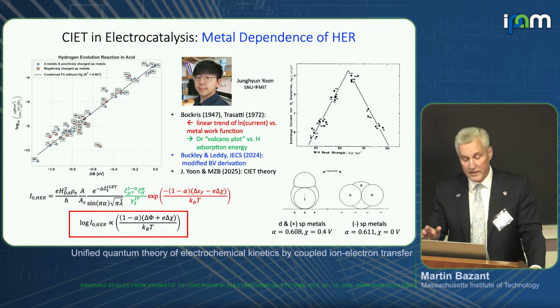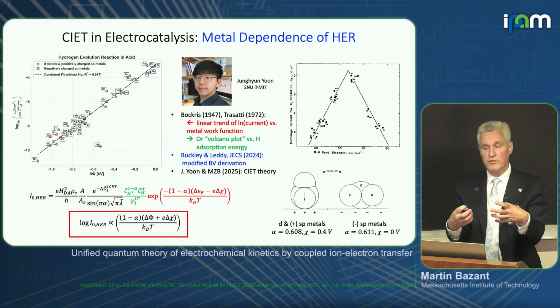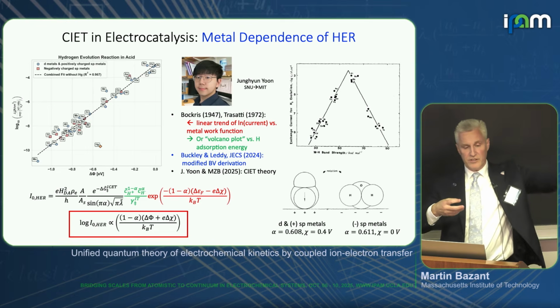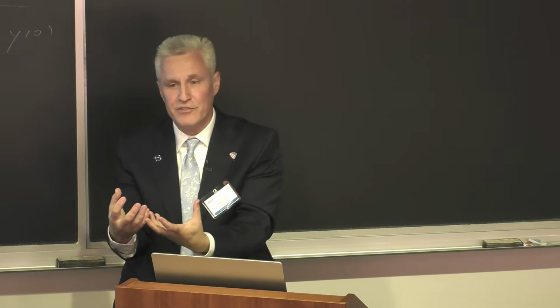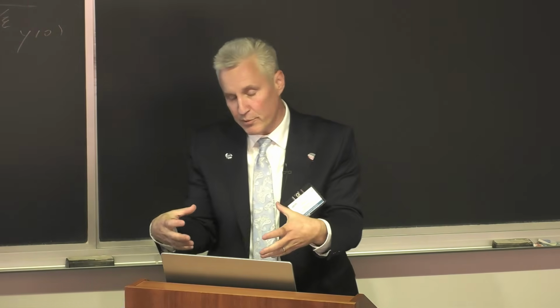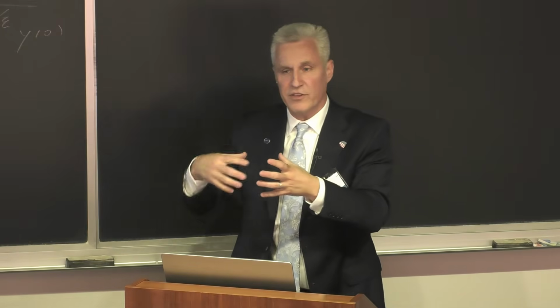What's special about platinum is not necessarily that it's at the top of this volcano, it's that it has the lowest Fermi level. So platinum loves electrons. Now why is it so good for catalysis? Because relative to the other electrode, if you have a low Fermi level, you're sucking electron density from the other side, which gives you more electrons to react. So even though the electrons are very happy on platinum, they still want to be there versus the reference electrode more than on some other metal.